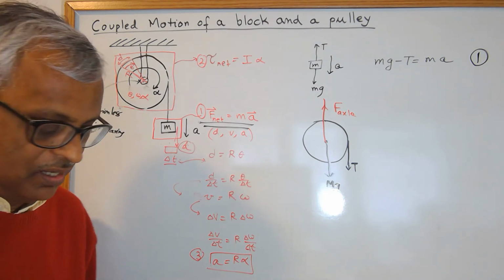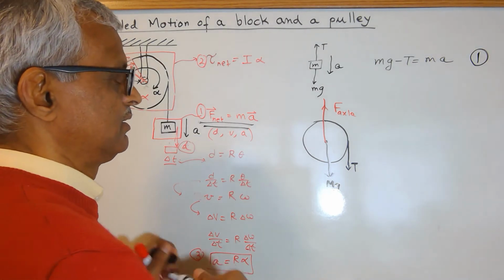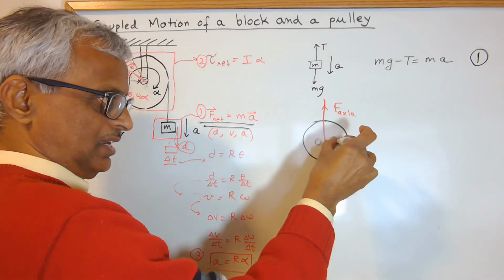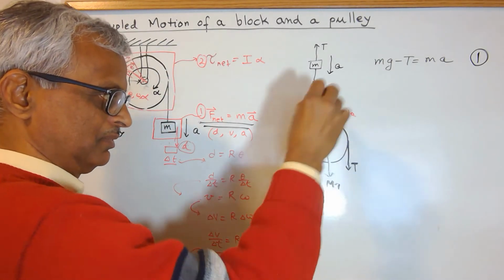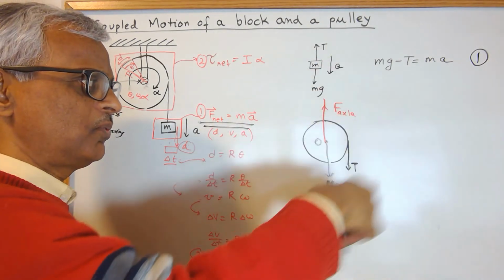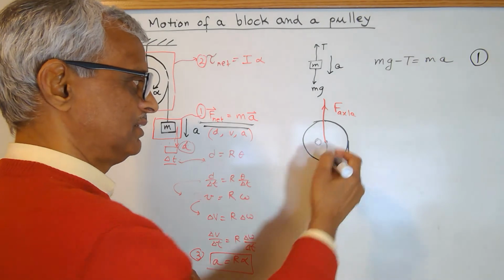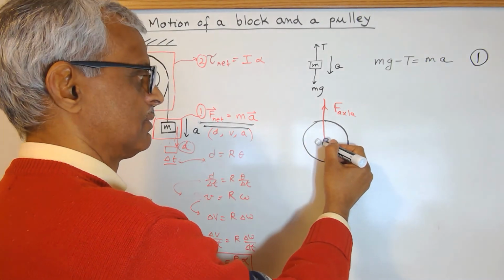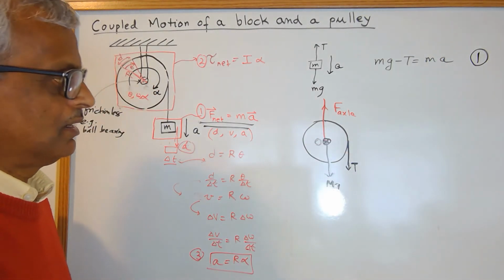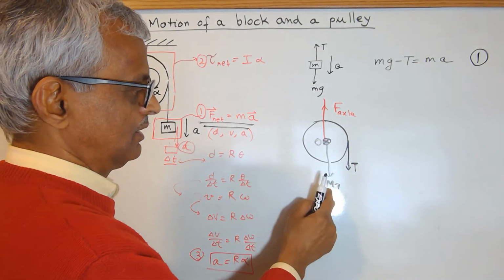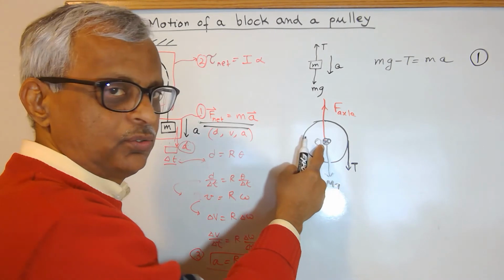Okay, so I'm looking for the net torque on this around this point, with the axis going inward, because I want clockwise to be positive. So the axis is pointed inward. If the axis is at this point, these two forces are going right through the axis.